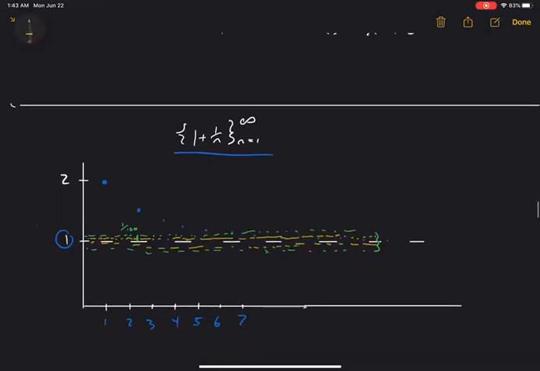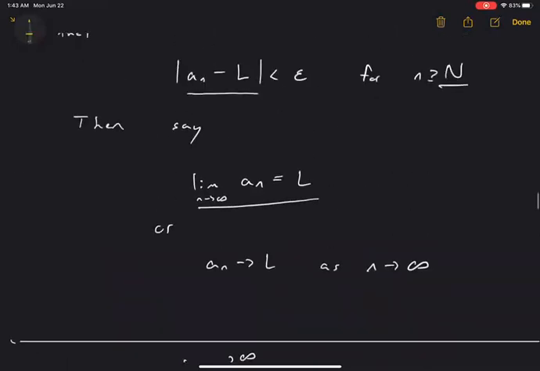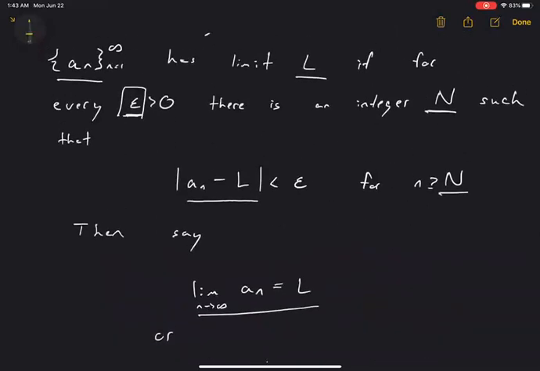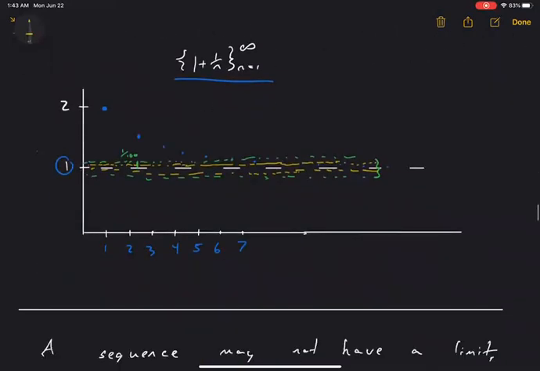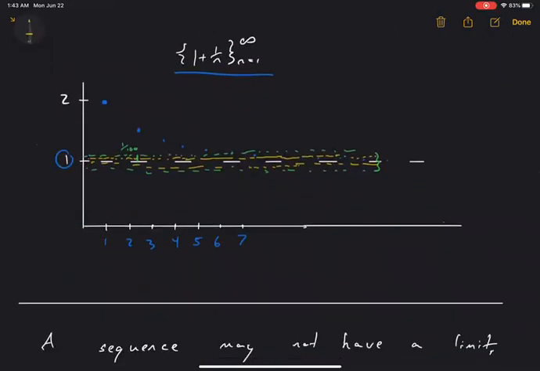So that's what we mean when we say this distance is going to be less than epsilon for n greater than N, right? For this yellow border, there's some integer N way down the road where for all the points after this N, my sequence is within my yellow border.